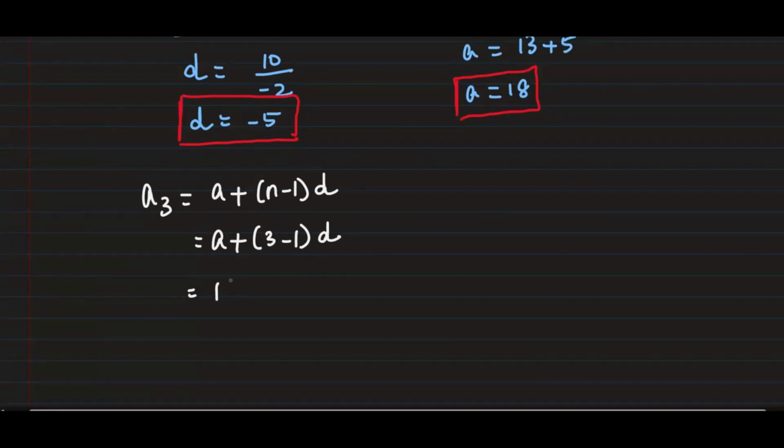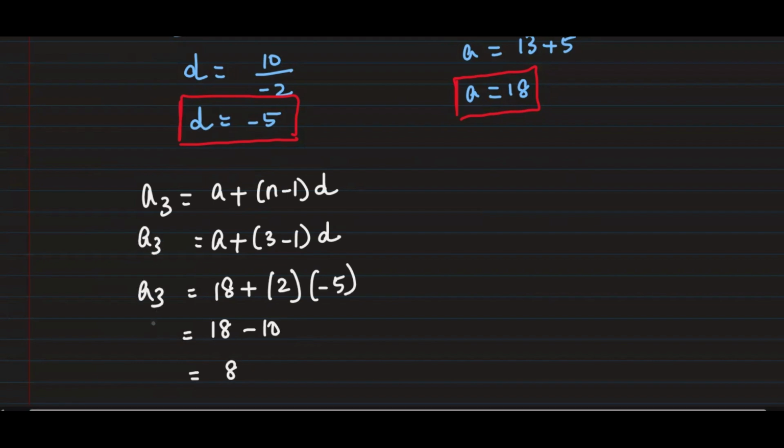So A is equal to 18. So 18 plus 3 minus 1 will become 2, and the d value is negative 5. So 18, 2 times negative 5 becomes negative 10. So 18 minus 10 becomes 8. So the missing third term value will be: A3 is 8. Okay, clear? Easy?